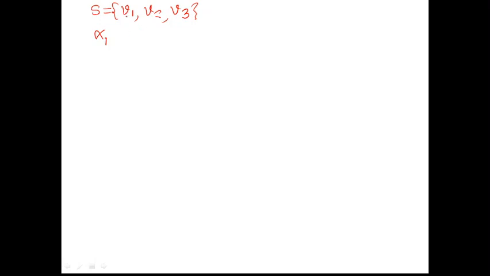Given a set of vectors, say a set S, whose elements are vectors v1, v2, v3, this set is said to be linearly independent if we have a linear combination alpha 1 v1 plus alpha 2 v2 plus alpha 3 v3 equal to 0.